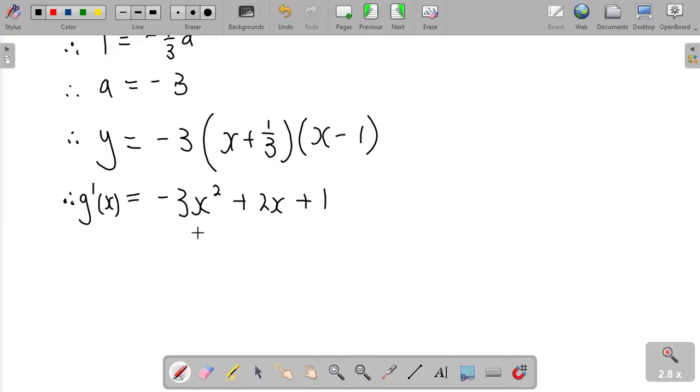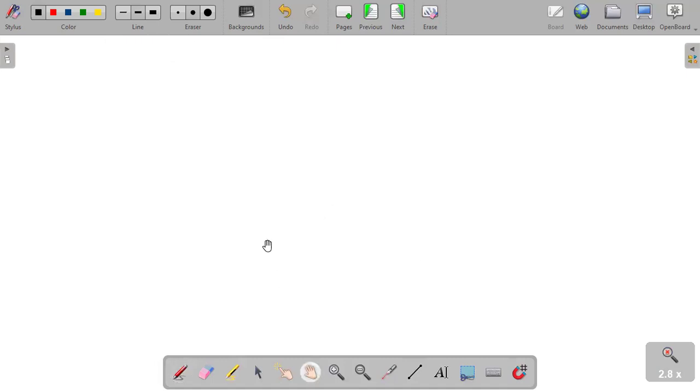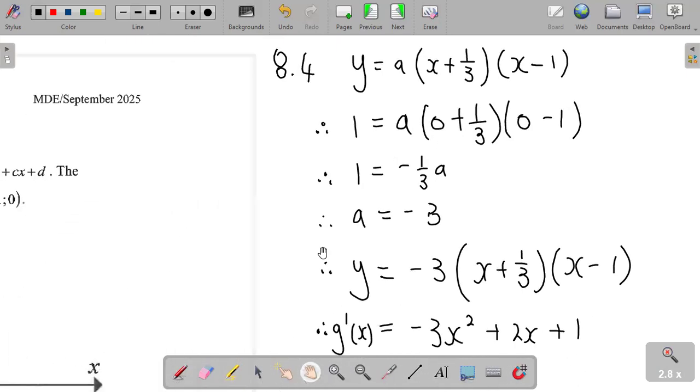So it's negative 3x squared plus 2x plus 1. Okay? And then from there, 8.4.